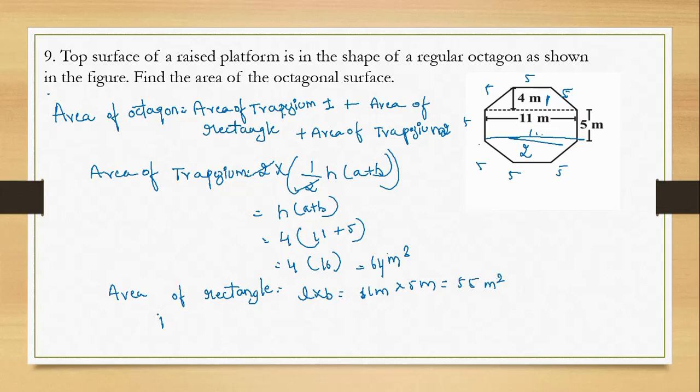So the total area of the octagon is equal to 64 plus 55 meter square, that is 119 meter square.